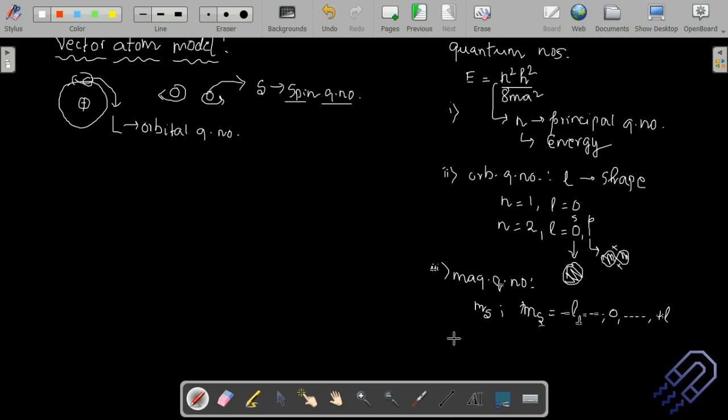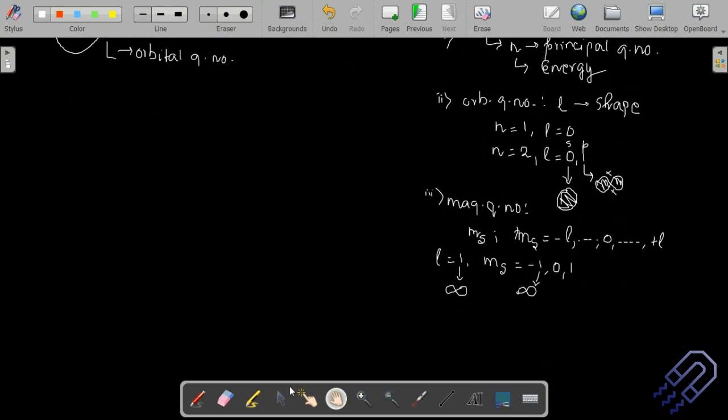So if we consider, let's say, L equal to 1, then the magnetic quantum number m would be equal to minus 1, 0, and 1. L equal to 1 means we are considering the dumbbell shape. Then minus 1 will represent the dumbbell shape along the x-axis, which we can write as px.